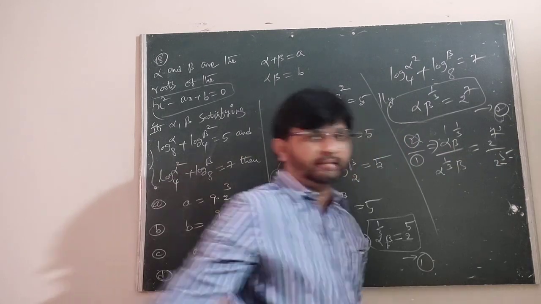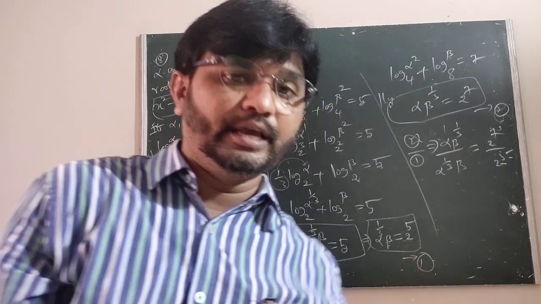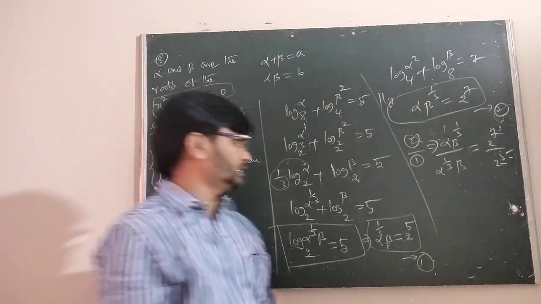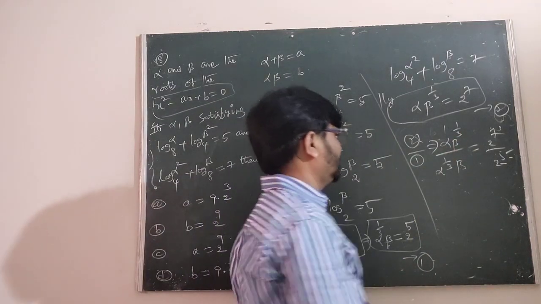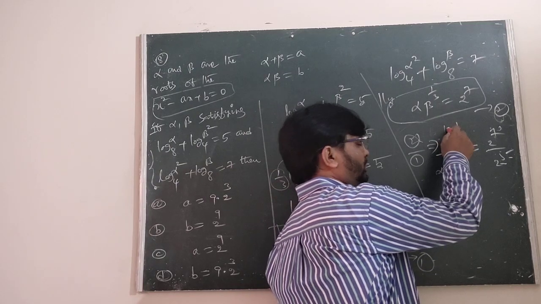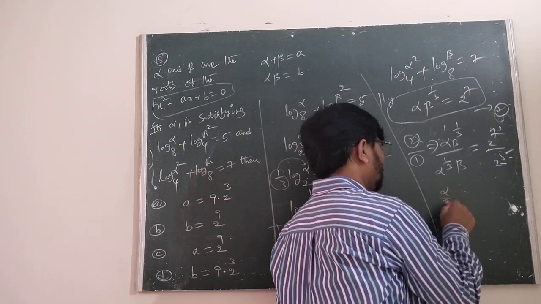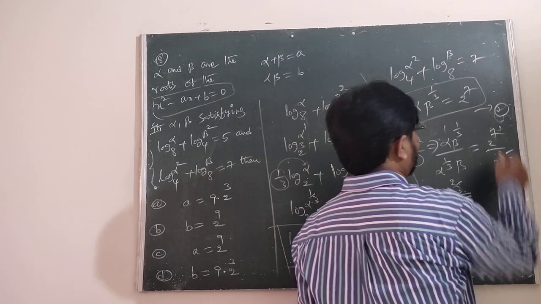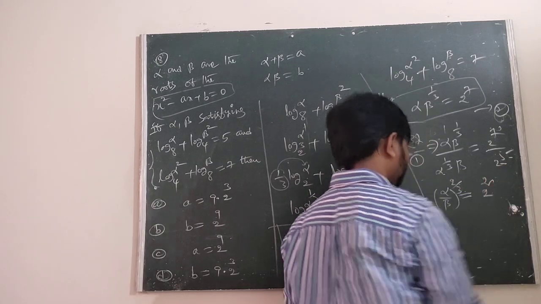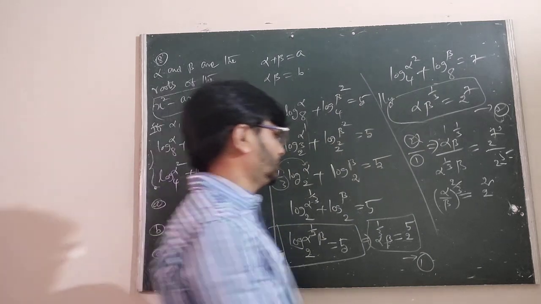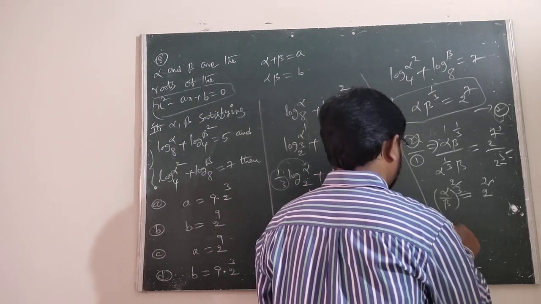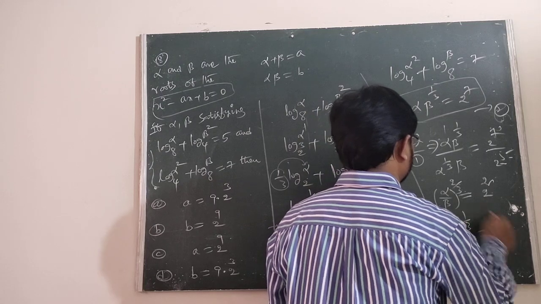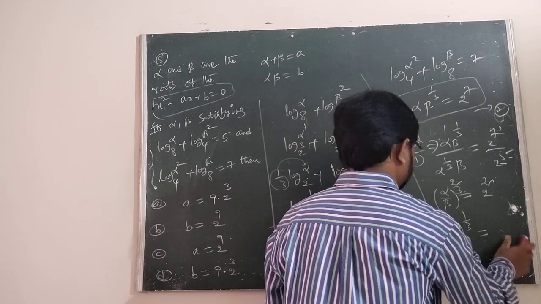So a power m by a power n is a power m minus n. 1 minus 1 by 3 is 2 by 3. Therefore, alpha by beta whole power 2 by 3 equals 2 square. Now we can write alpha by beta whole power 1 by 3 equal to 2, since the square is sent to the other side and the square root cancels.